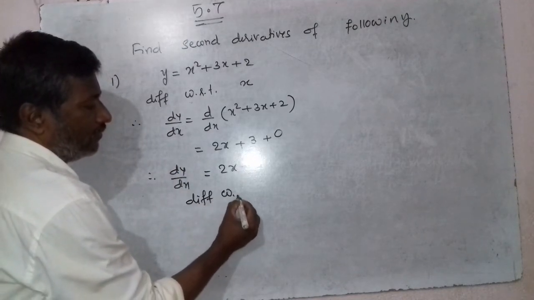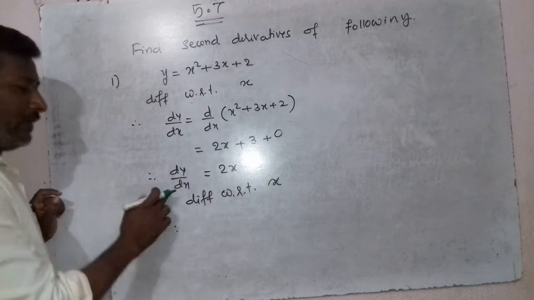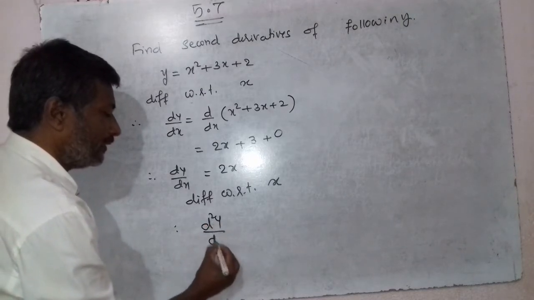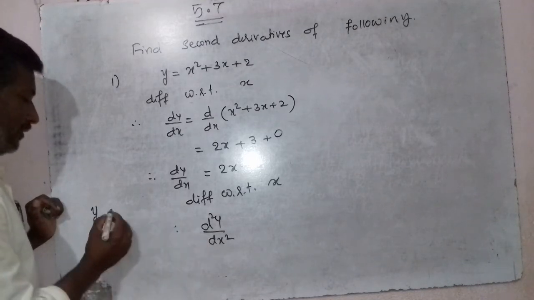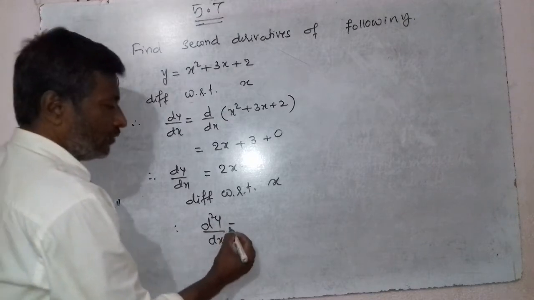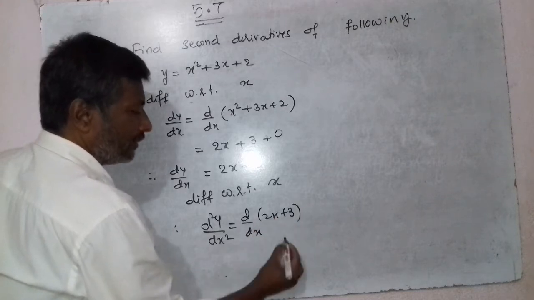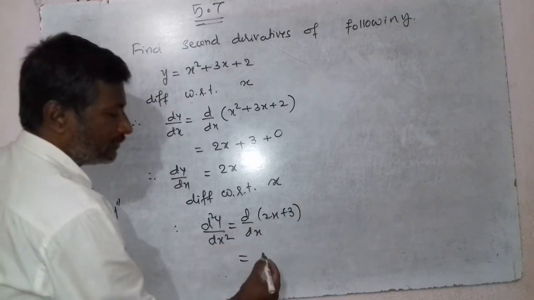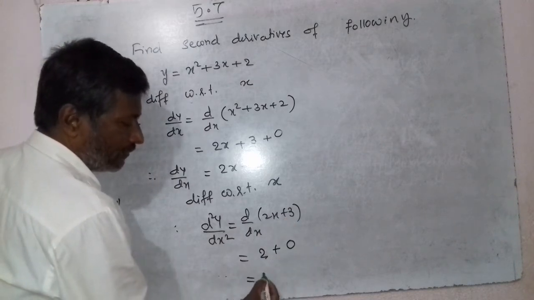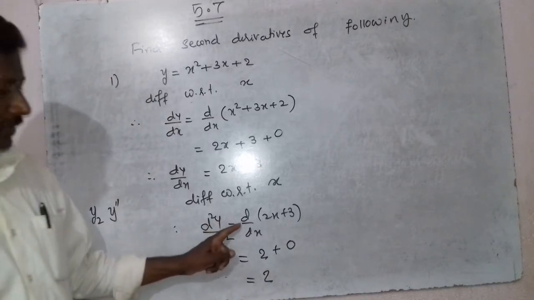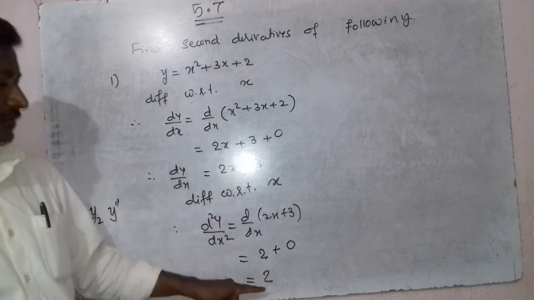Differentiating with respect to x, the derivative of dy by dx is d square y by dx square, or you may write y2 or y double dash. This equals d by dx of 2x plus 3, which equals derivative of 2x is 2, derivative of 3 is 0 as it is a constant. Therefore this equals 2. So the second derivative of this function is equal to 2.